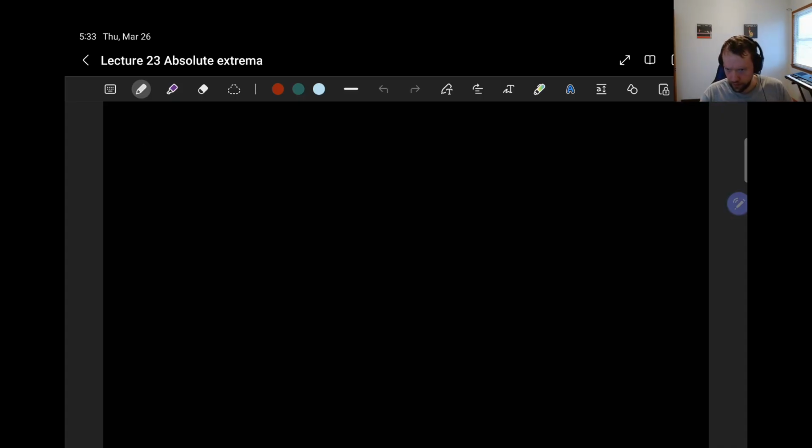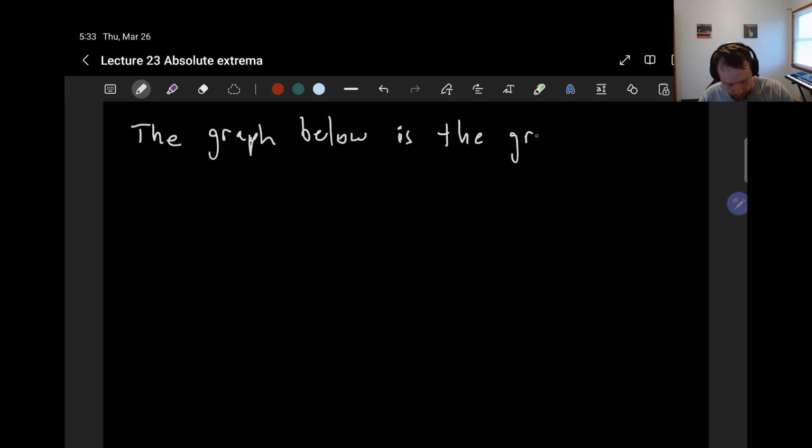So we're going to look at a graph, not of the normal function f, but rather the graph of the derivative. The graph below is the graph of some function y equals f prime of x, not f of x.